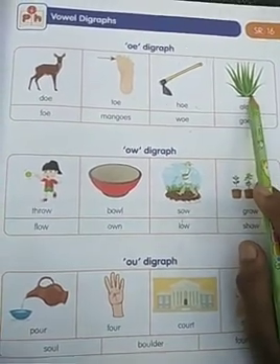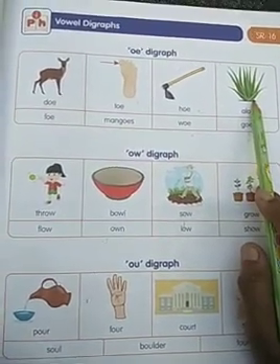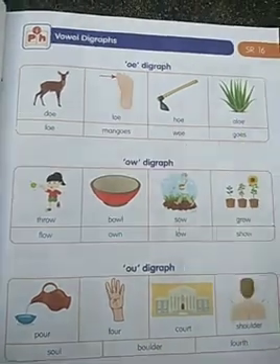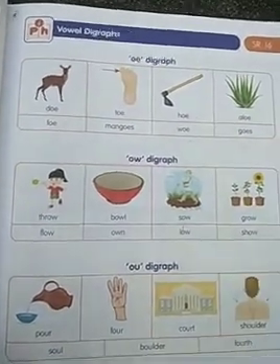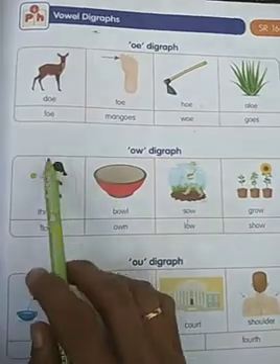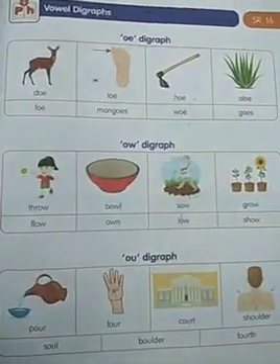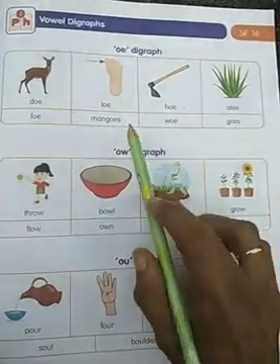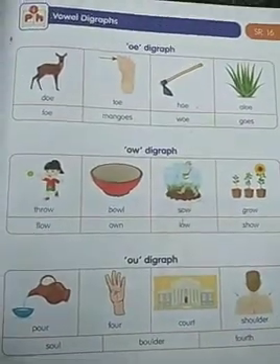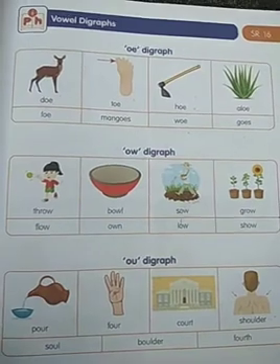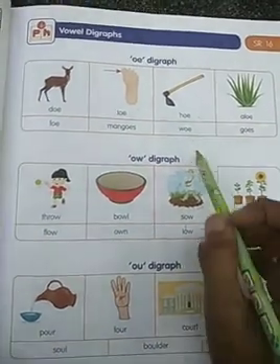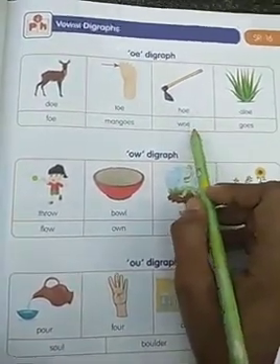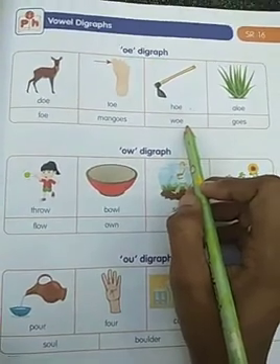Good for the face, good for our skin, good for our hair. Next is foe. What's a foe? An enemy. Next is mangoes. Mango is a fruit. Next is woe. Woe is a problem that somebody has.